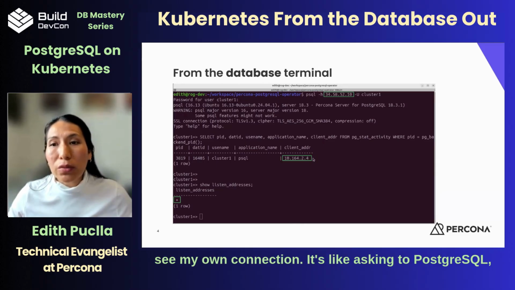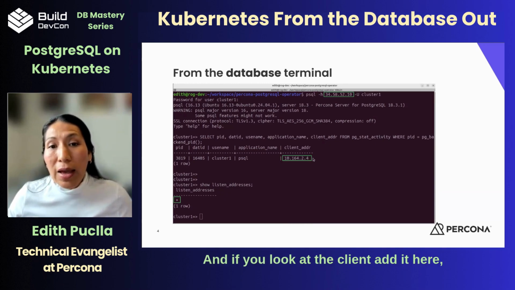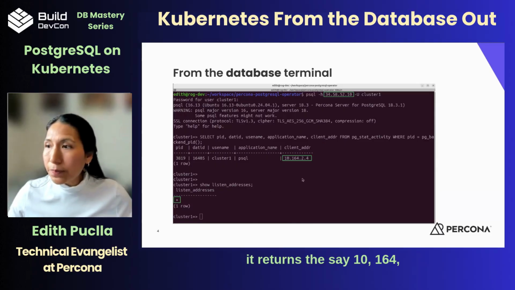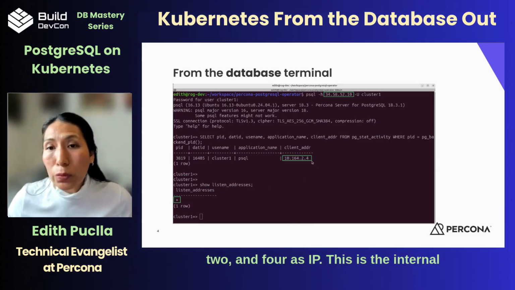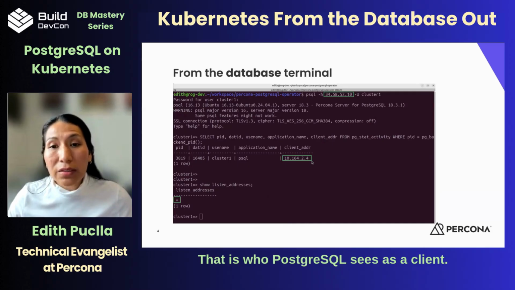It's like asking Postgres, who am I from your point of view? If you look at the client_addr, it returns 10.164.2.4 as the IP. This is the internal pod IP of PgBouncer inside the Kubernetes cluster. That is who PostgreSQL sees as a client.